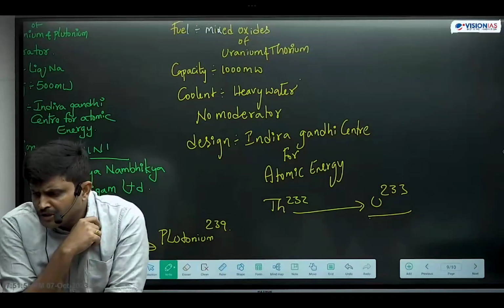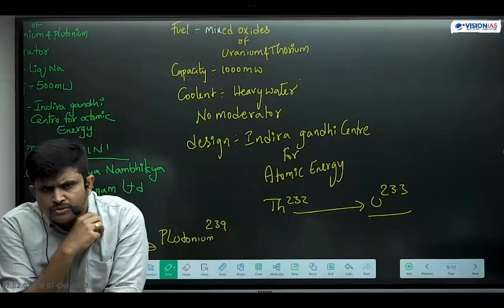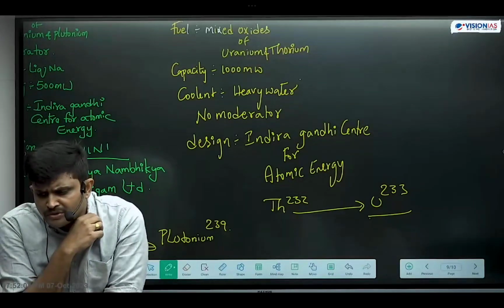Now the plutonium that is produced through the transmutation is more than the initial plutonium.